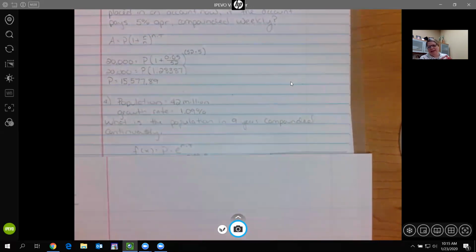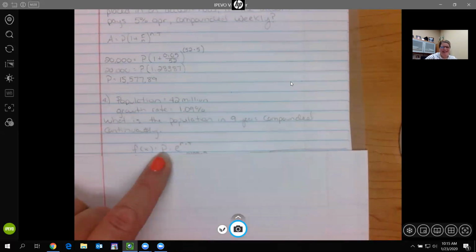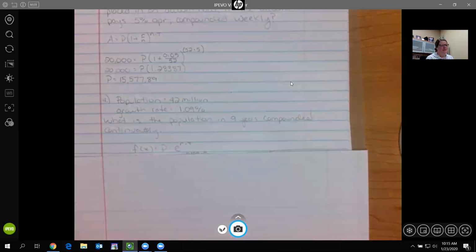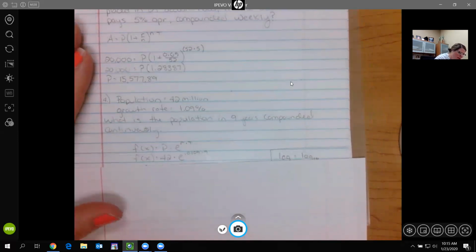It really could be A, which is again our future value. For this one, we have our principal, that's just our starting amount, and we're going to multiply it by e to the rate times time. So notice we then bring in that e. For some of these, we're going to have to bring in the natural log to solve. Not quite yet though.